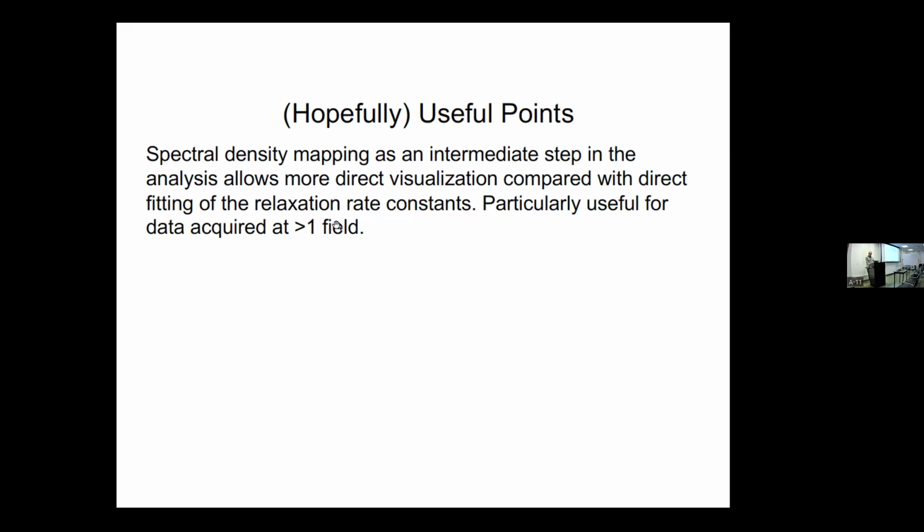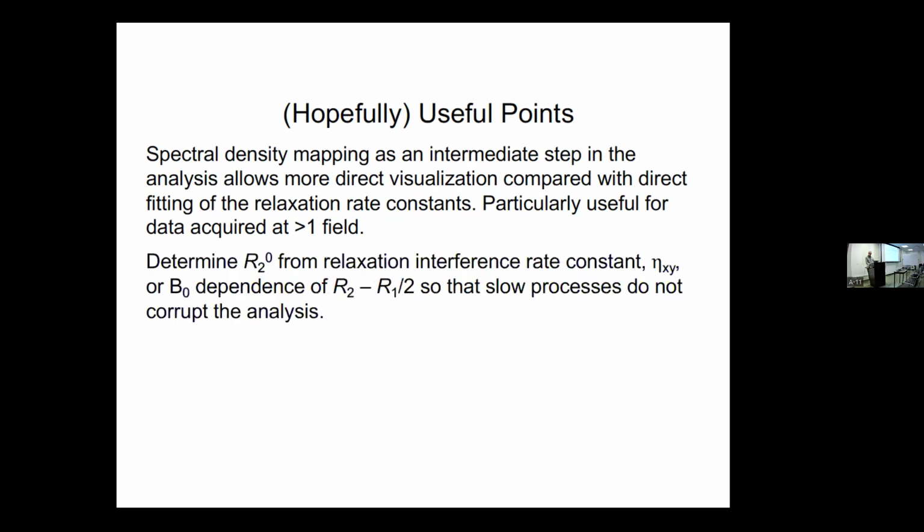And this can be particularly nice if you have data in more than one field, because you can visualize the spectral density curve, which is nice, even if that's not what you're actually using as your fitting parameter. R2, of course, contains contributions from chemical exchange potentially, and it's usually helpful to have some idea if there is chemical exchange before trying to do the model-free analysis.